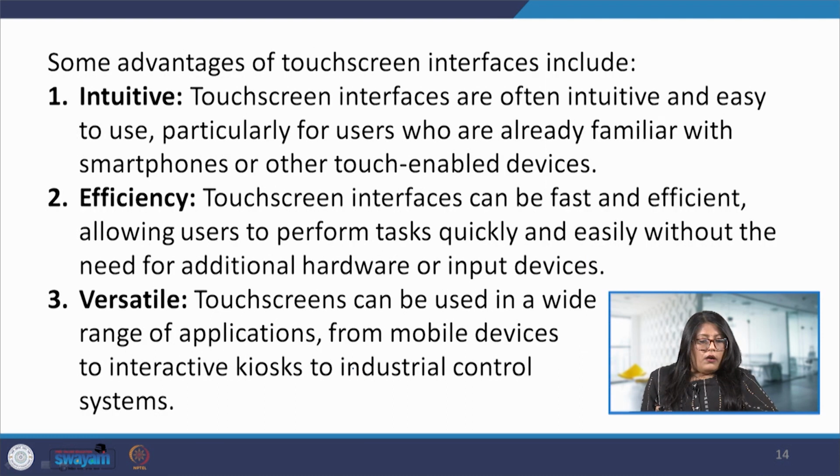Now, some advantages of the touchscreen interface: they are intuitive, so they are easy to use, and if somebody is already familiar with how the touchscreen interface works, then it is very easy for them. Then they are efficient, so they are fast, they are quick.